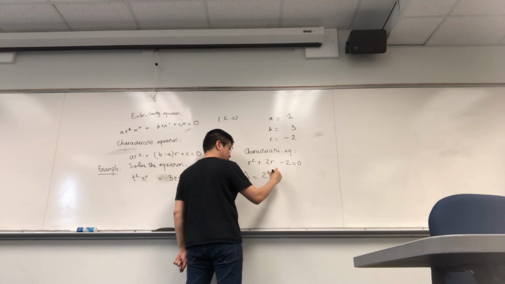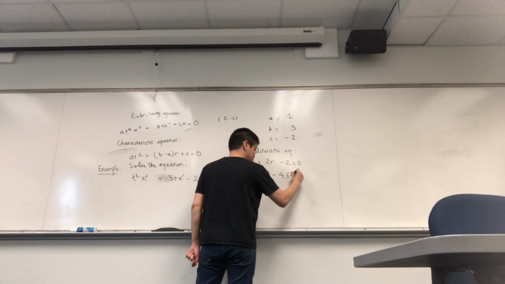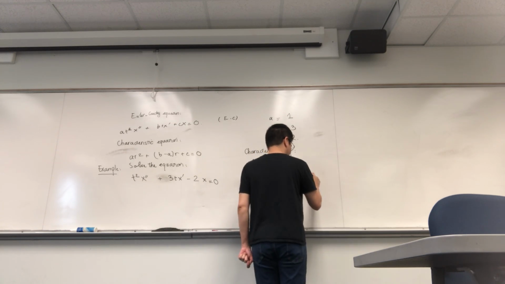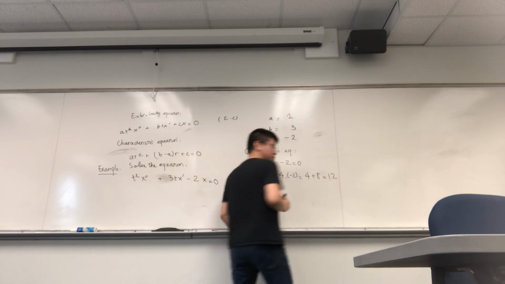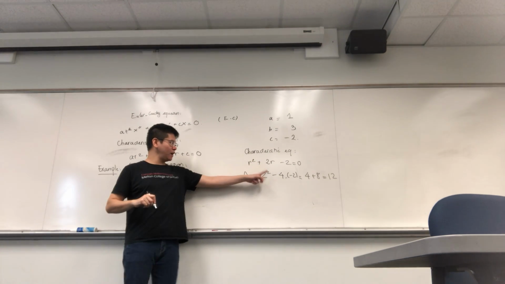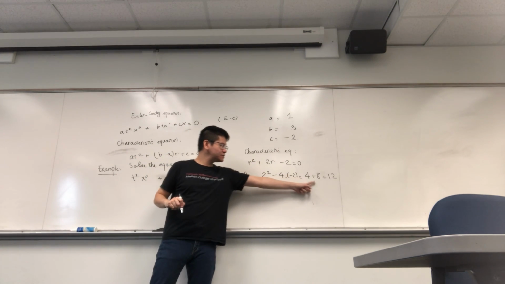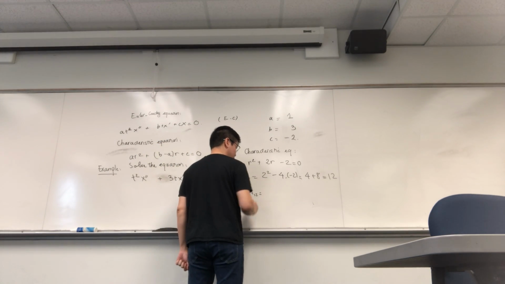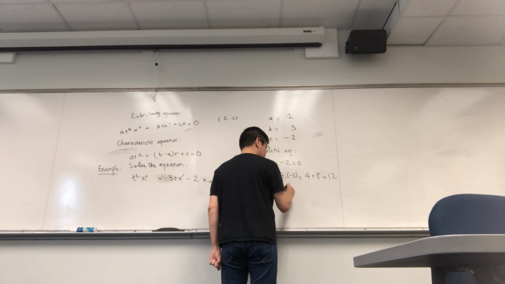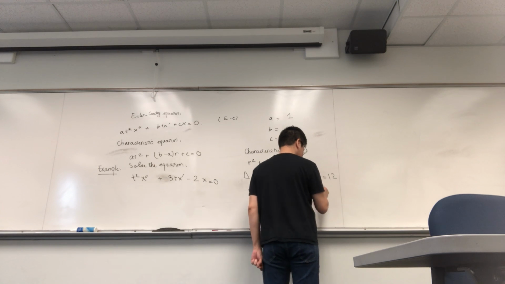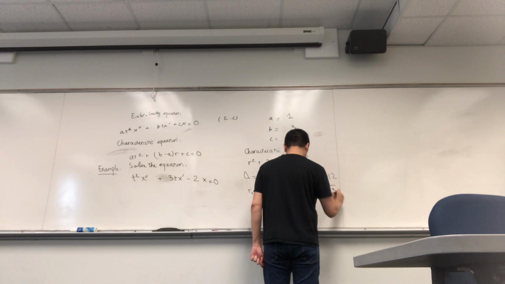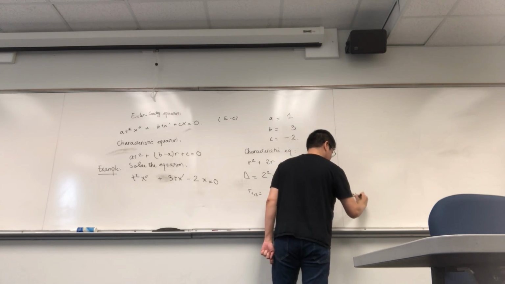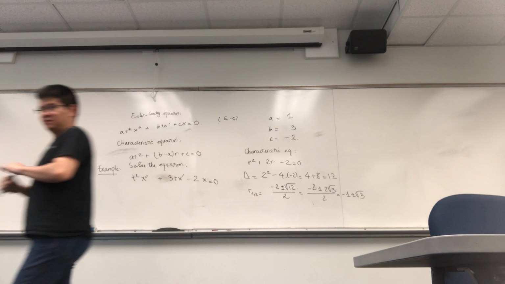So this is 2 squared minus 4 times minus 2. So this is 4 plus 8, and this is 12. So the two roots will be minus 2 plus or minus the square root of 12 over 2, and this is minus 1 plus or minus the square root of 3. All right?